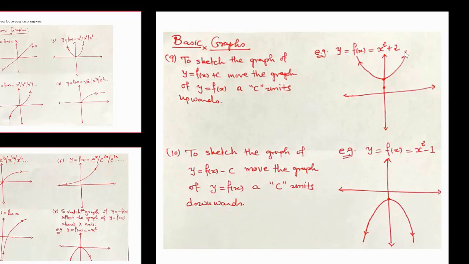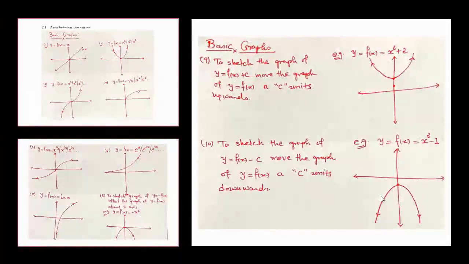But if it was x plus 2 whole squared, then it means it's shifting the graph, not really moving it up or down. That's something you want to be careful of. And here on number 10, it's the same thing, but it's a negative parabola, and you're moving it down.